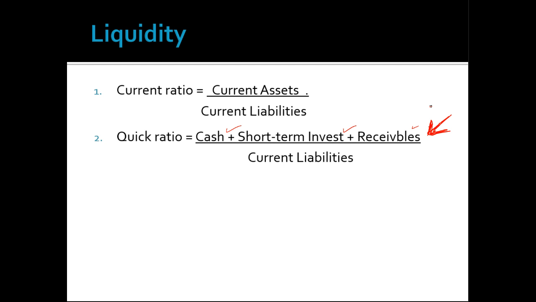Now, why would we take out inventory? Why can't I count inventory as part of the current assets when I do the quick ratio? Well, one of the major reasons is inventory is the business that the business is in, right? Let's say you're Walmart. Let's say you're not actually terribly good at selling things. You've got a whole lot of inventory sitting on your balance sheet, but if you're not terribly good at selling that inventory, is it really fair to say that in the next year you'll be able to convert that inventory into cash so that you can pay your bills?